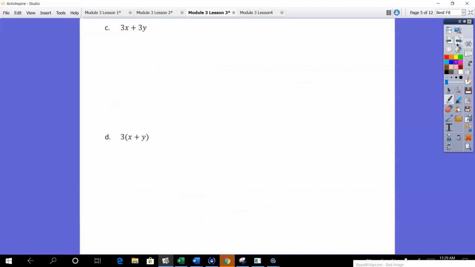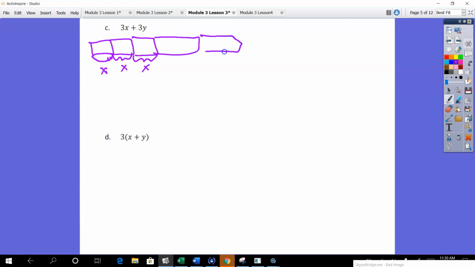Okay, and the next one we have 3x. So there are 3 x's. Did that terribly. And then there are plus 1, 2, 3 y's.